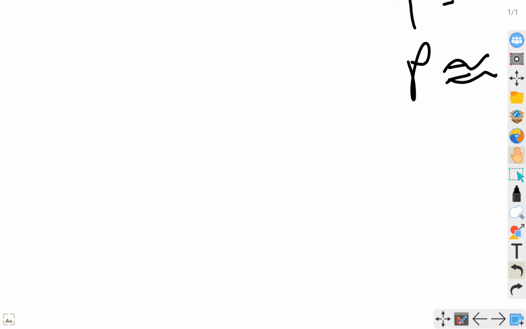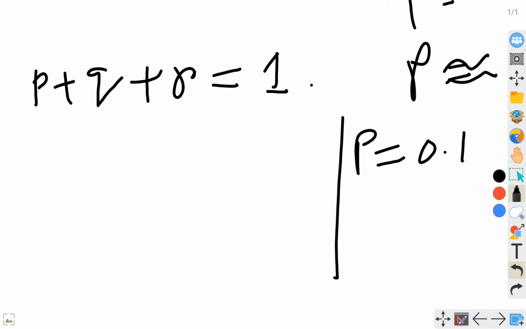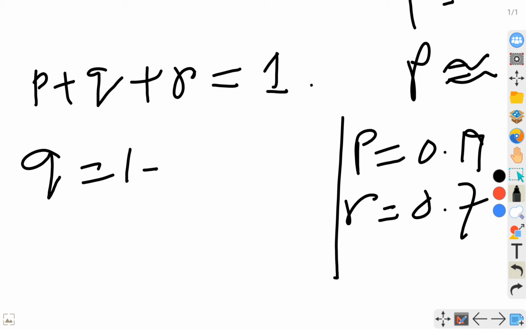Now we already have the equation P plus Q plus R is equal to 1. We know that P is equal to 0.19 and R is equal to 0.7. So Q is equal to 1 minus 0.88.